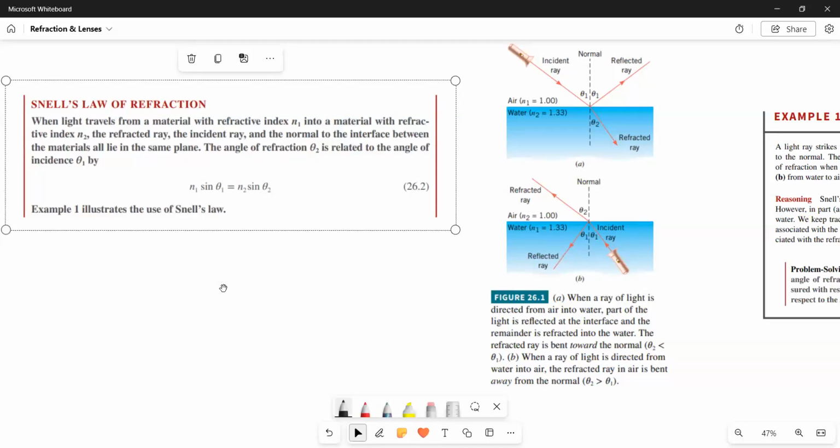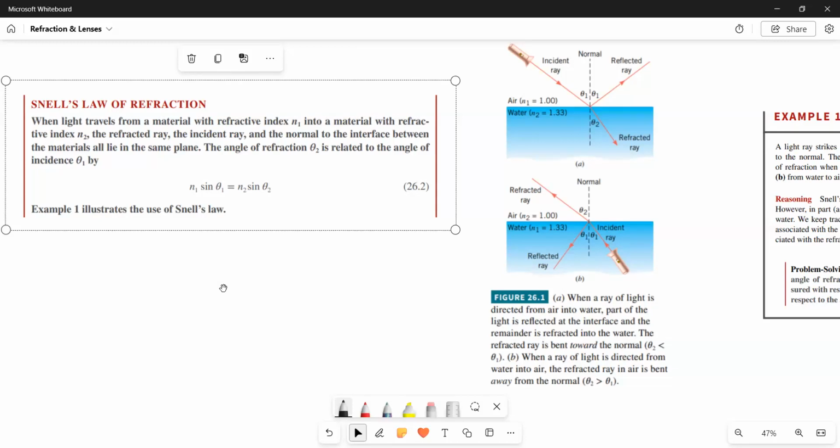So this is a man, Snell. He studied the angle at which light is incident on a material and how it's bent, or refracted.